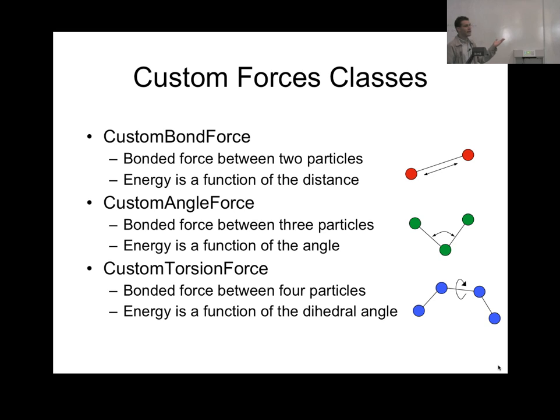You give us the energy between each pair of particles as a function of the distance. We take care of the rest. Custom angle force is very similar, except it's an interaction between 3 particles as a function of the angle formed by those 3 particles. Likewise, custom torsion force is an interaction between 4 particles. You give us a function of the dihedral angle. We turn that into a force.